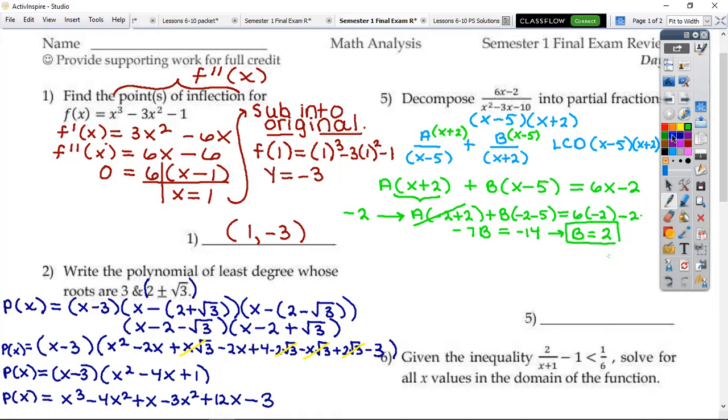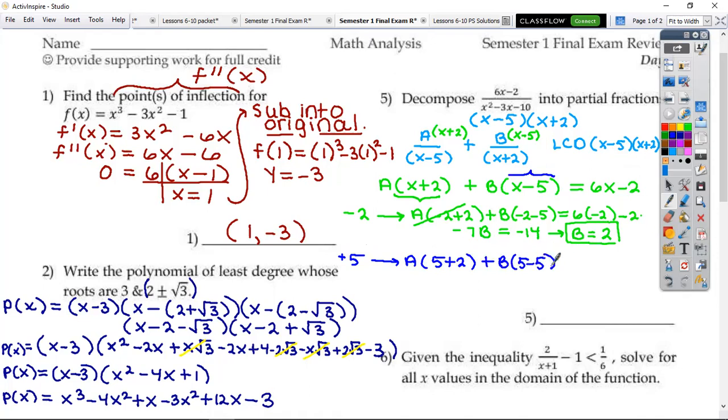And then next, I'm going to find another value that produces 0. So up here, I'm going to now use a 5. Yep. I'm going to come down here. I'm going to plug in +5. And I'm going to do A times 5 plus 2 plus B times 5 minus 5, which is nothing.